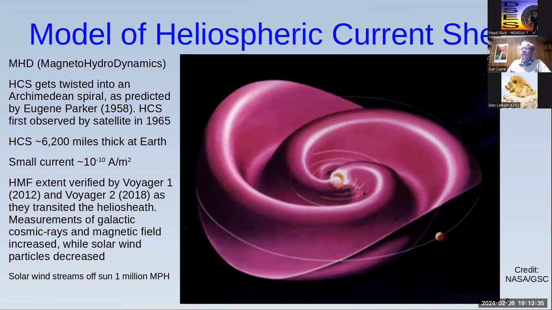Dan, in your picture, you show Jupiter outside of that, or it was just a cutout. It's basically like a cutout, just to give you a sense of the scale. But I know Jupiter has a huge magnetic field. Oh yeah, Saturn even goes through the tail of it.